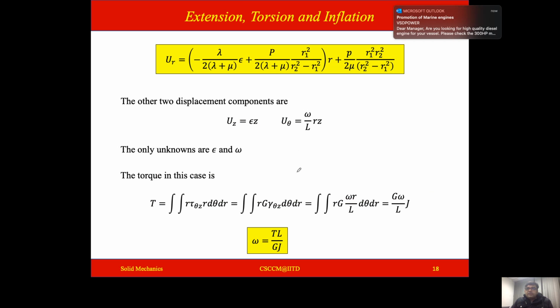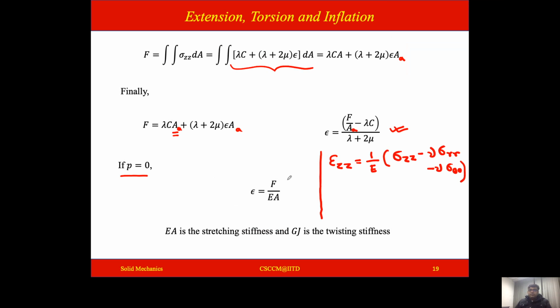So going back, if P is equal to 0, that implies sigma RR is equal to sigma theta theta is equal to 0, which means epsilon zz is equal to sigma zz by E, which implies that sigma zz is equal to E epsilon zz.